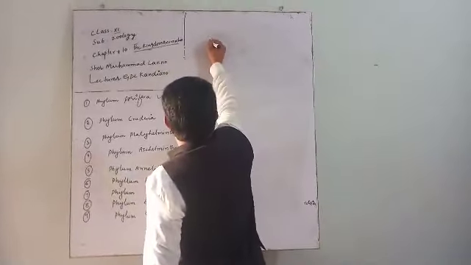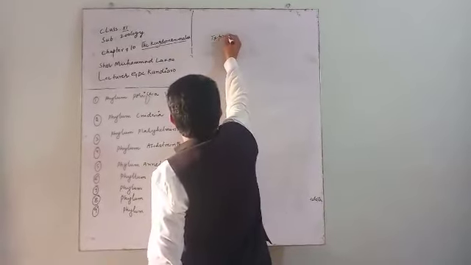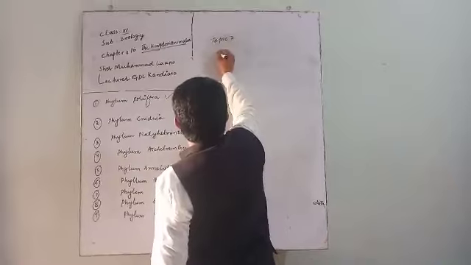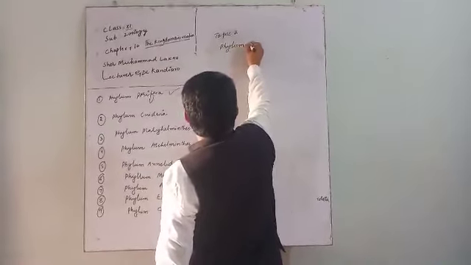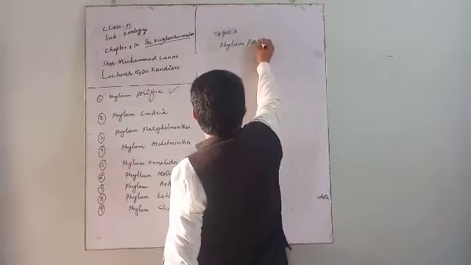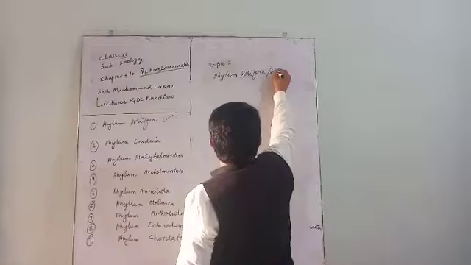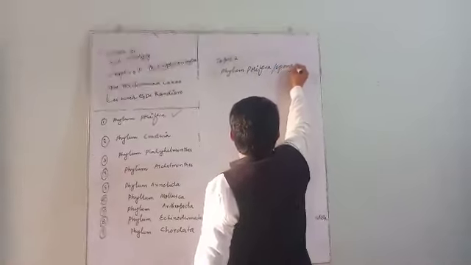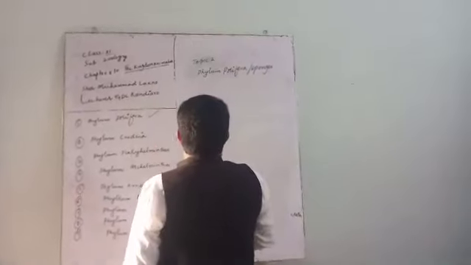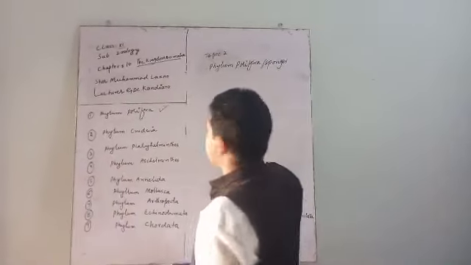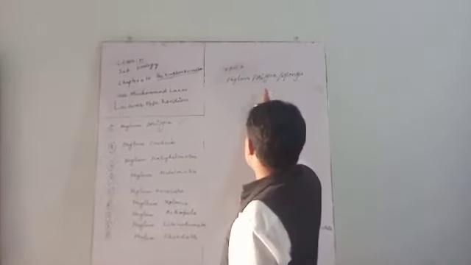Next topic, number 2, phylum Porifera are sponges. The word Porifera means pore bearing animals. They have pores.